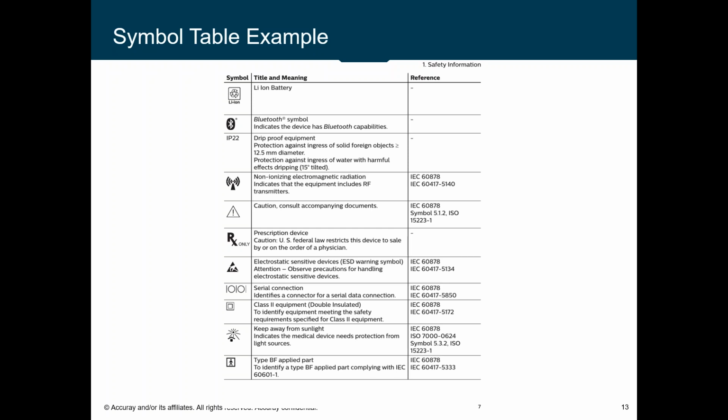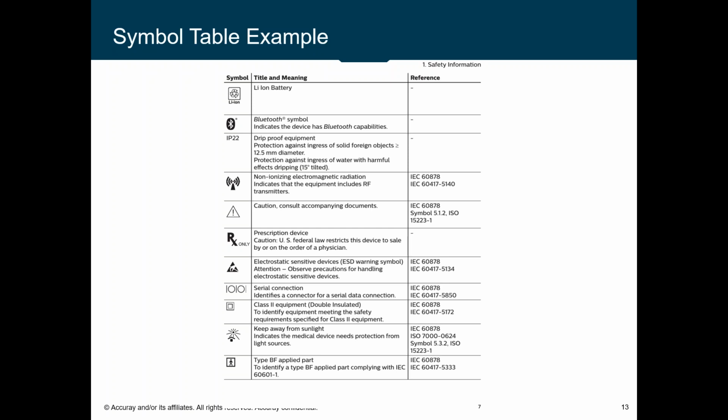In my opinion, it's just one of those things that we have to do in medical device labeling, but it could become a real issue with updating and keeping it up to date, because these standards do change, the symbols do change. But I also think that as long as you have the reference and which standard you're using, you do have traceability.